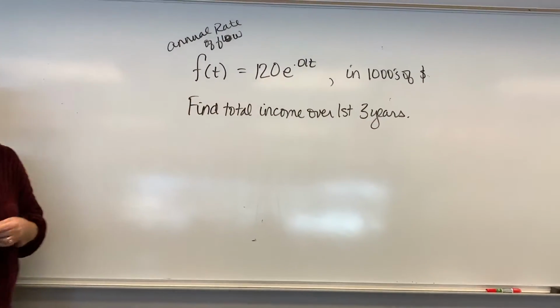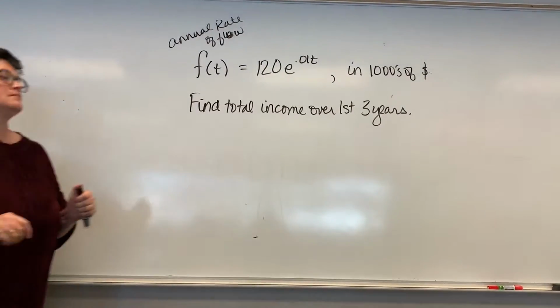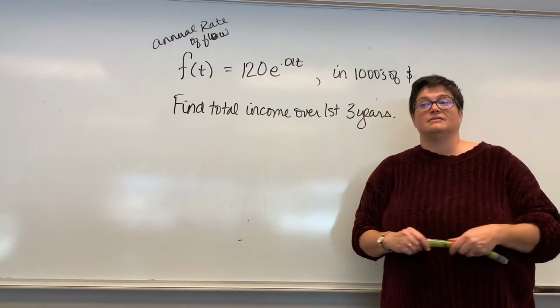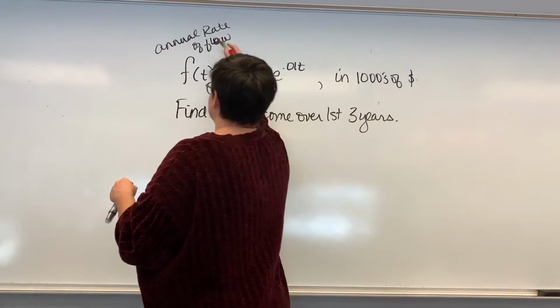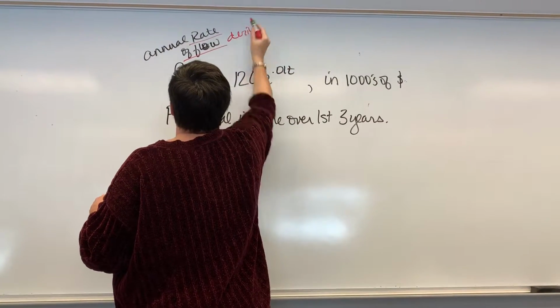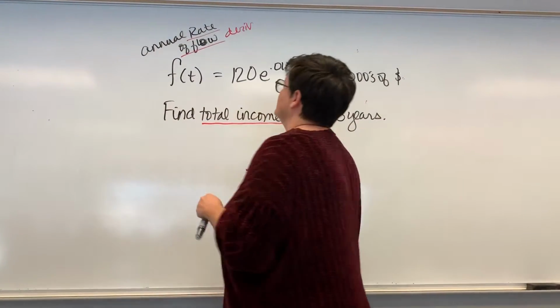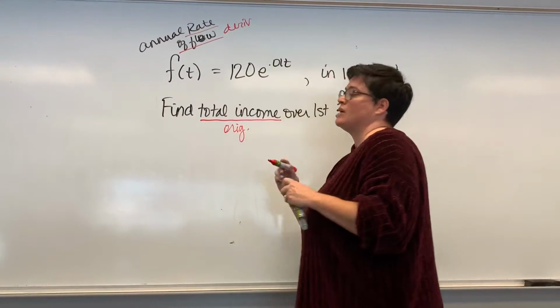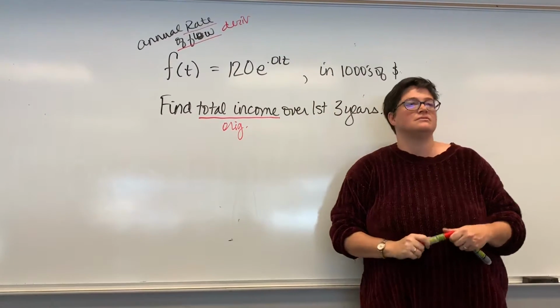How are we going to set this up? We're given an annual rate of flow. That's a derivative, isn't it? Rate of flow, that's a derivative. And we're asked to find the total. That's the original.